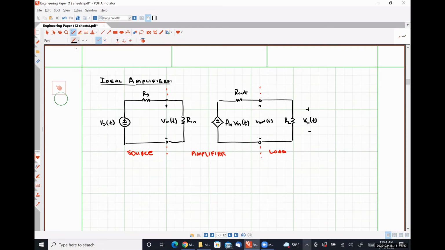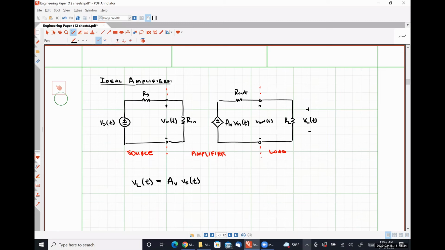And we determined previously that ideally, the voltage drop across our load, VL of t, would be simply a scaled version of our signal voltage, Vs of t, that was applied at the input terminals of our amplifier, okay? What we're going to do now is figure out what parameters make that statement exactly true, okay? Or as close to it as we can get.